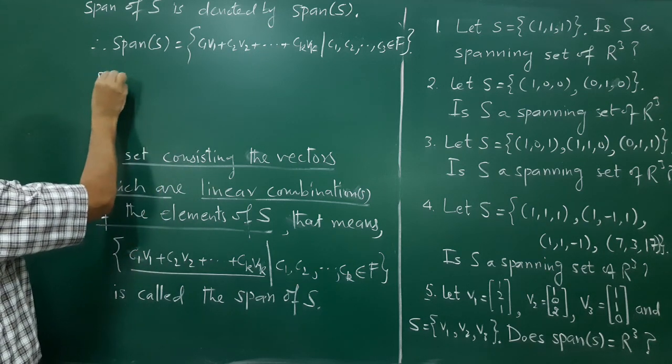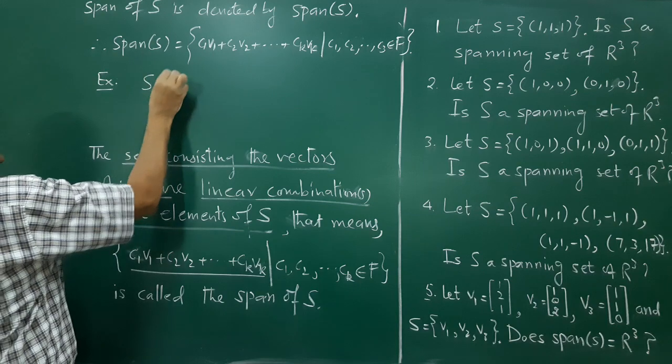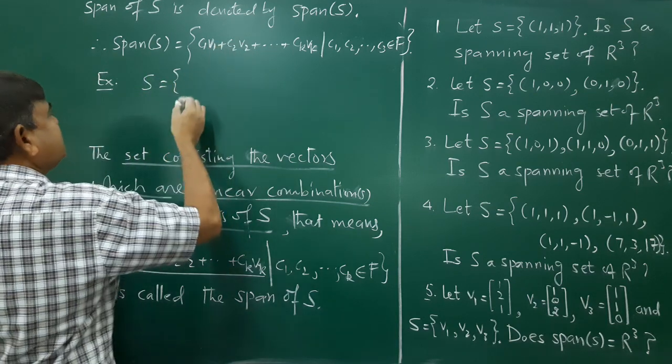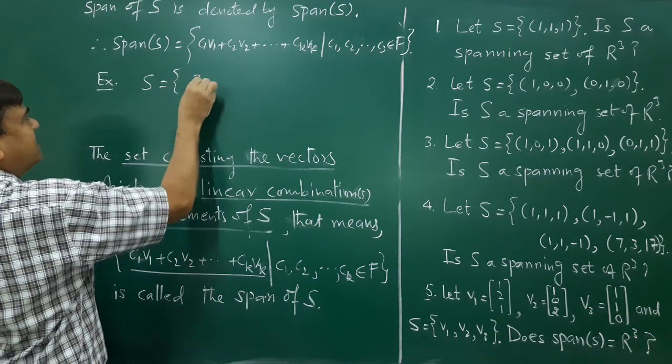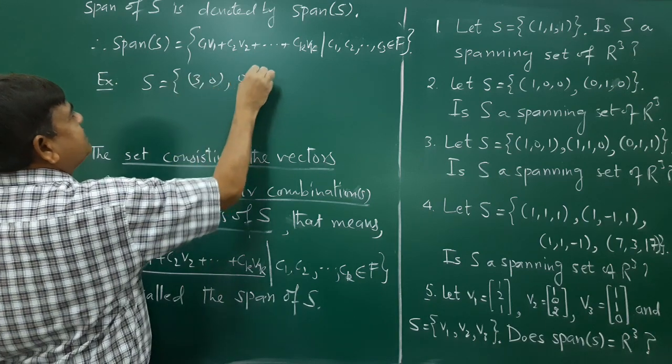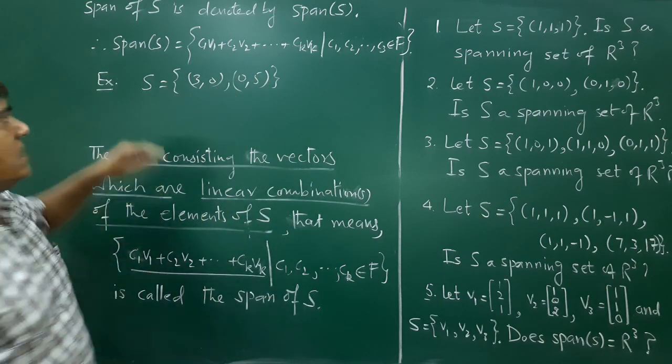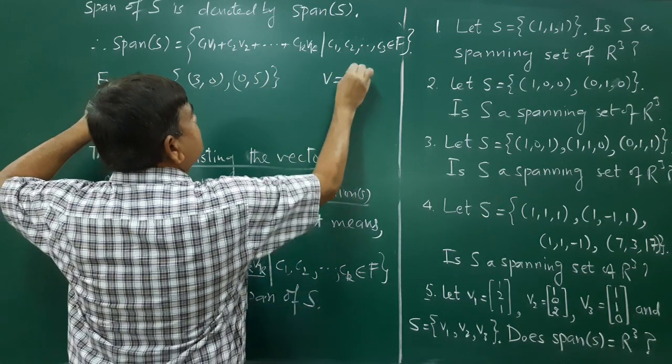Try to understand. Recall the previous example. Suppose I write S equals 3 comma 0 and 0 comma 5, for example, and V equals R square.